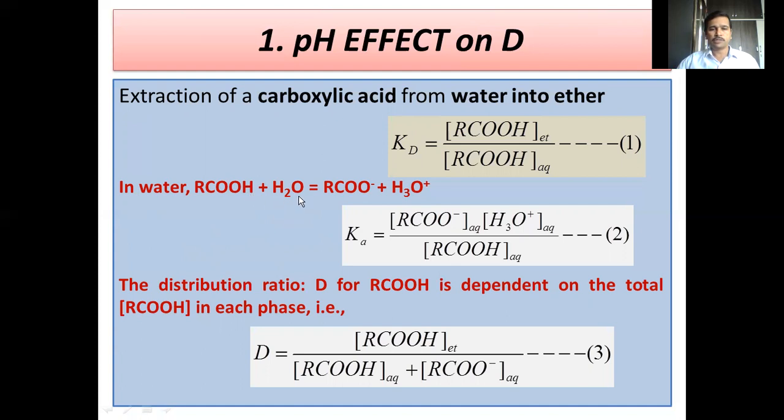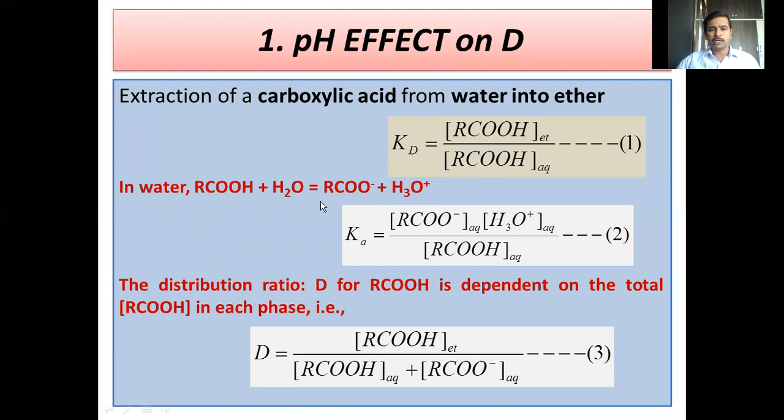So RCOOH plus H2O gives rise to RCO minus plus H3O plus. This is simply the dissociation reaction for any carboxylic acid. Say, for example, benzoic acid, acetic acid, citric acid. Acetic acid plus water, you will get acetate anion and hydronium ion.